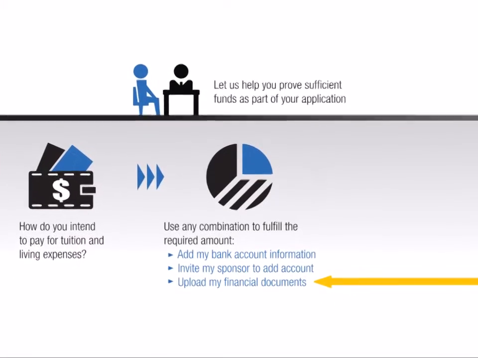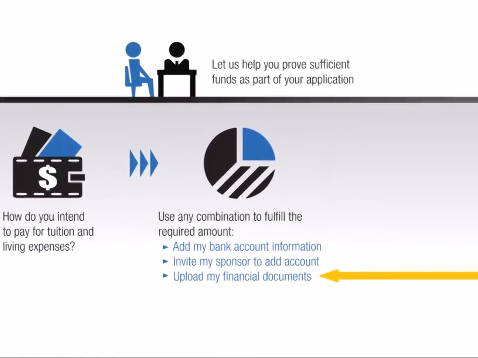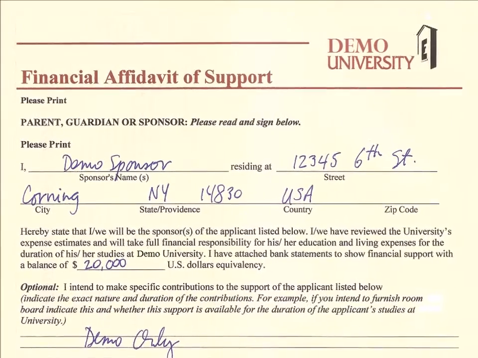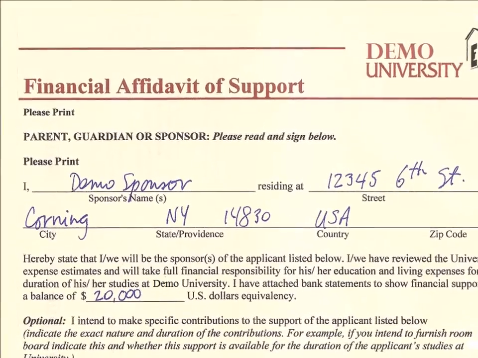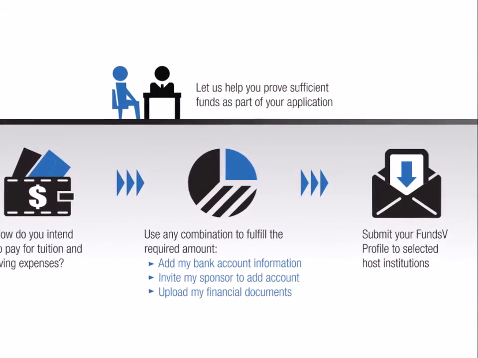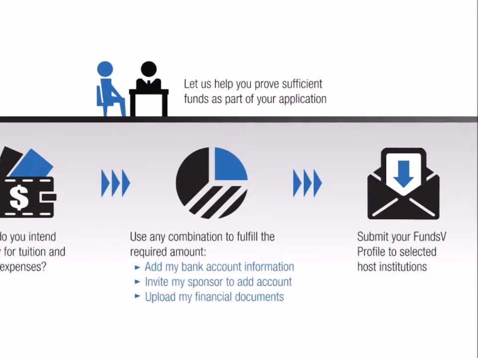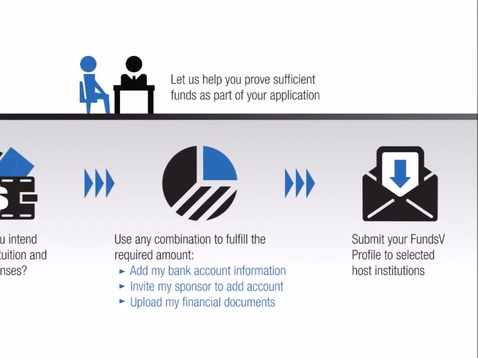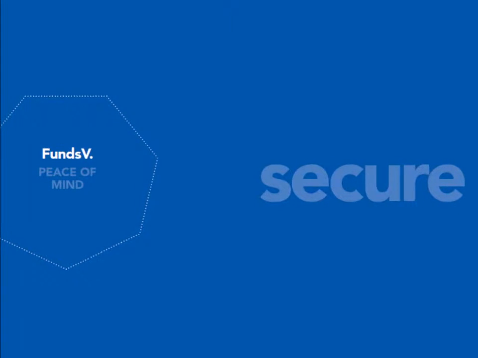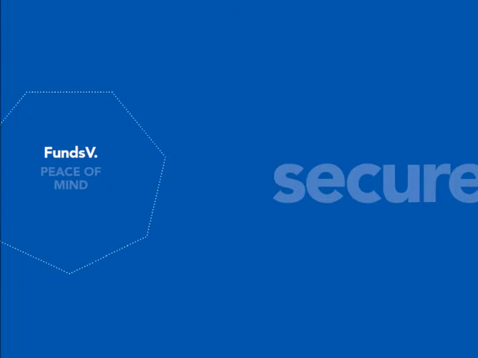If the user's bank is not represented in our network, students may also upload statements, scholarship awards, affidavits of support, or other documents. Students may submit their FundsV profile to the host campus or other authority who requested their financial data. Our robust platform features a number of secure functions that minimize the risk of third-party fraud.